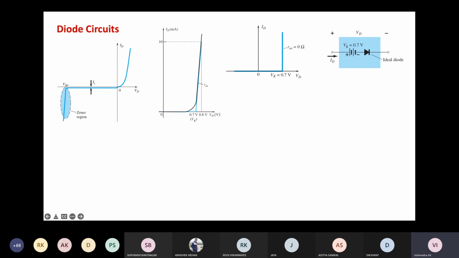So if the diode is somewhere in the circuit, then generally the way the diode is modeled, one of the ways is like this.